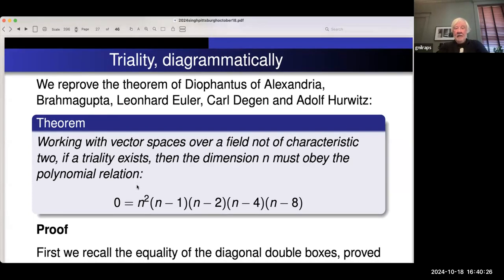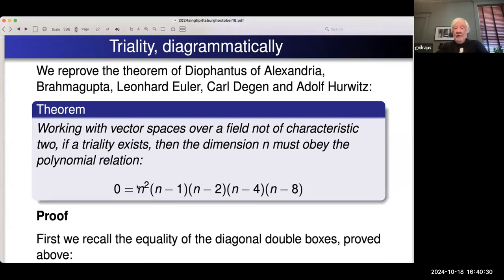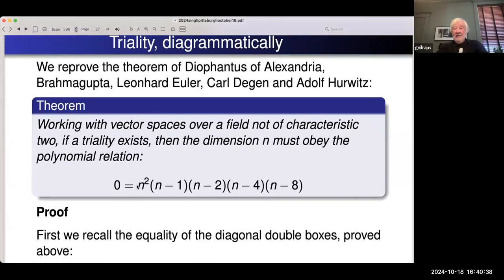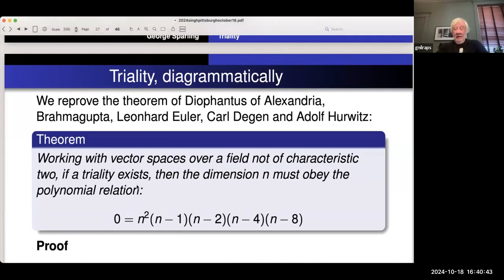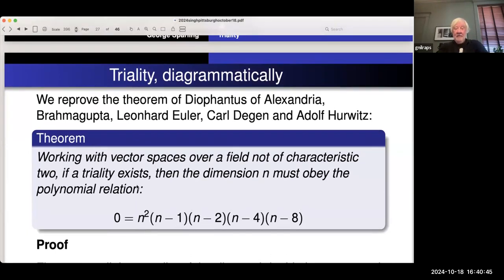The theorem is that if you work over a field not of characteristic 2, because at various points I used that I could divide by 2, if a triality exists, then the dimension must obey a polynomial relation, which is n squared times n minus 1 times n minus 2 times n minus 4 times n minus 8 must be 0.